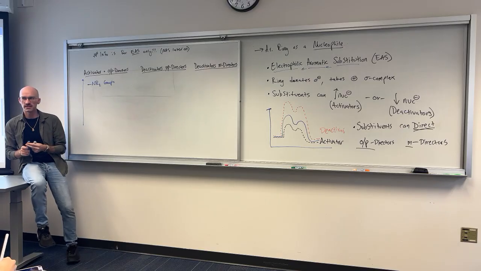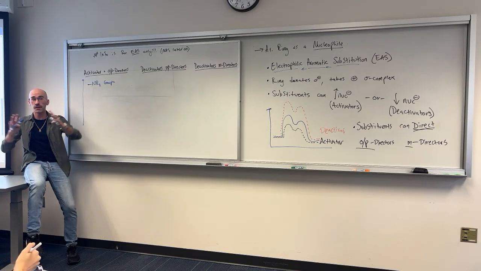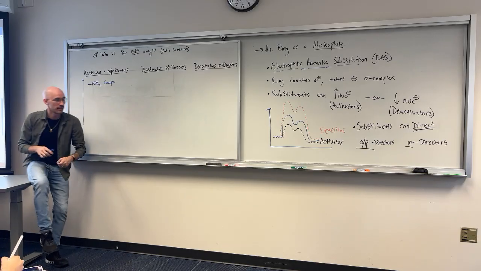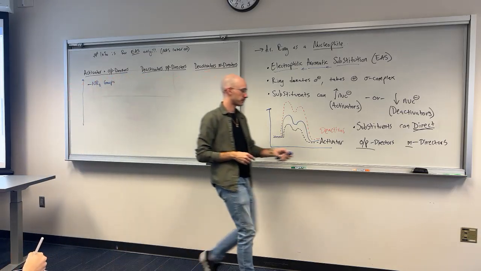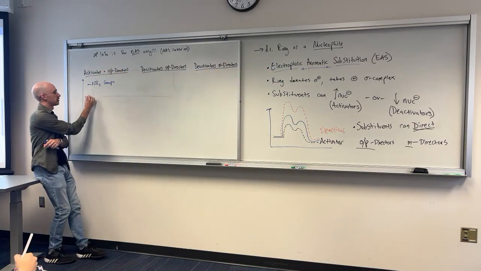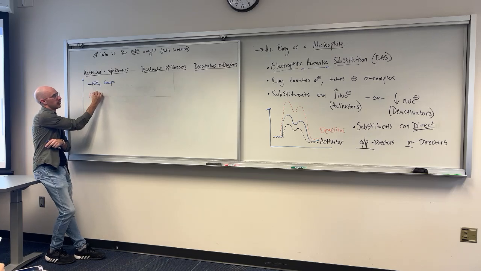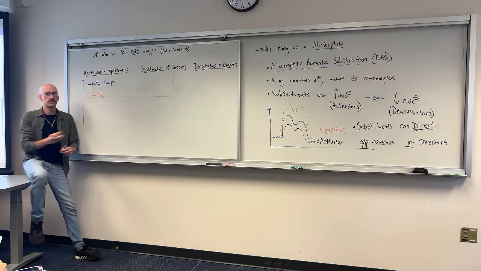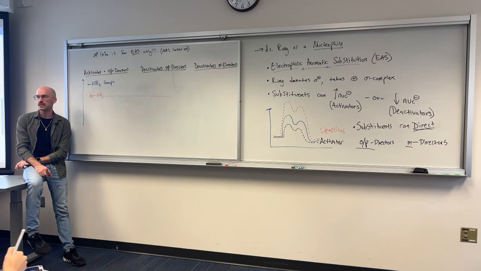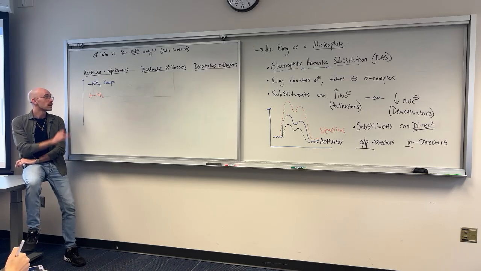And I like to give some examples to clarify the breadth of nitrogen groups that you can have that act as activators. You could have NH2 attached to your aromatic ring. That's aniline. Yeah, I had to make sure it wasn't alanine.